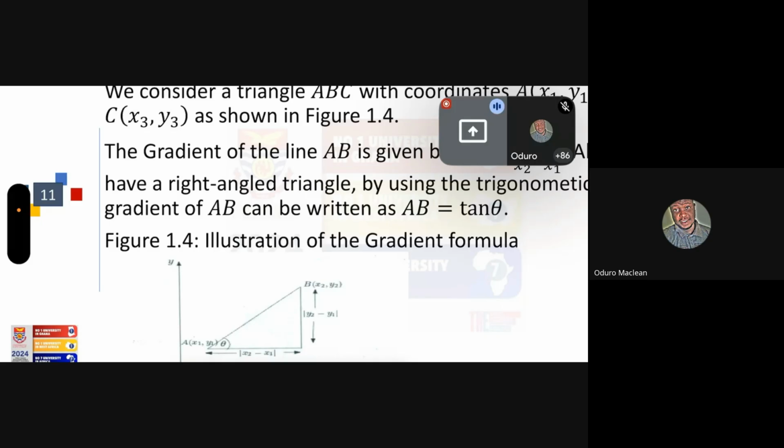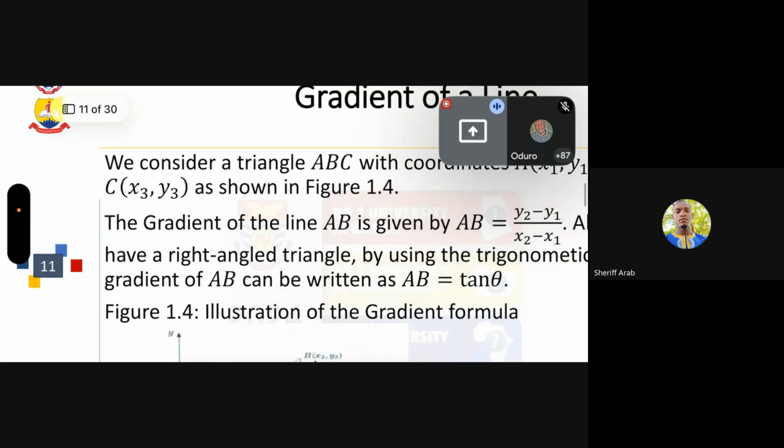Tan theta is equal to the opposite over adjacent, and that is the slope. So my opposite is y2 minus y1, divided by the adjacent, which is x2 minus x1.